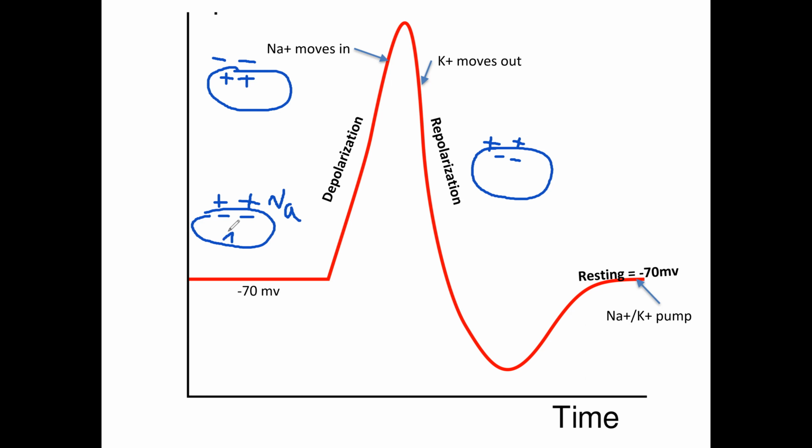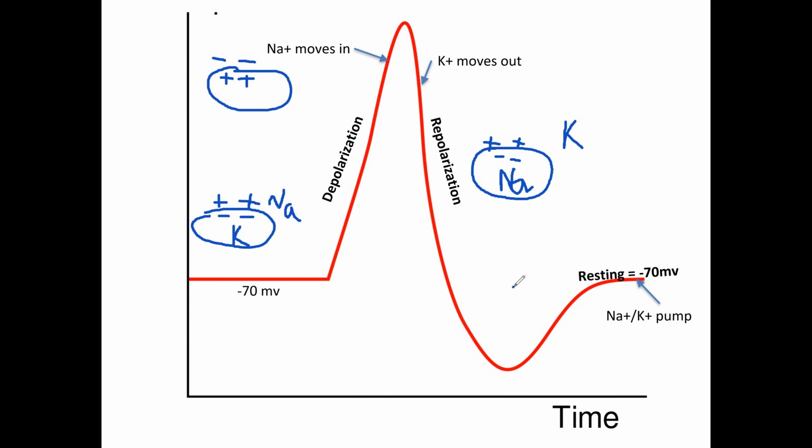I'm sorry, I labeled this wrong. Sodium outside, potassium inside. But look what happened. Sodium moves in and potassium moves out. So it's not your original state, and you need to go back to the original state.